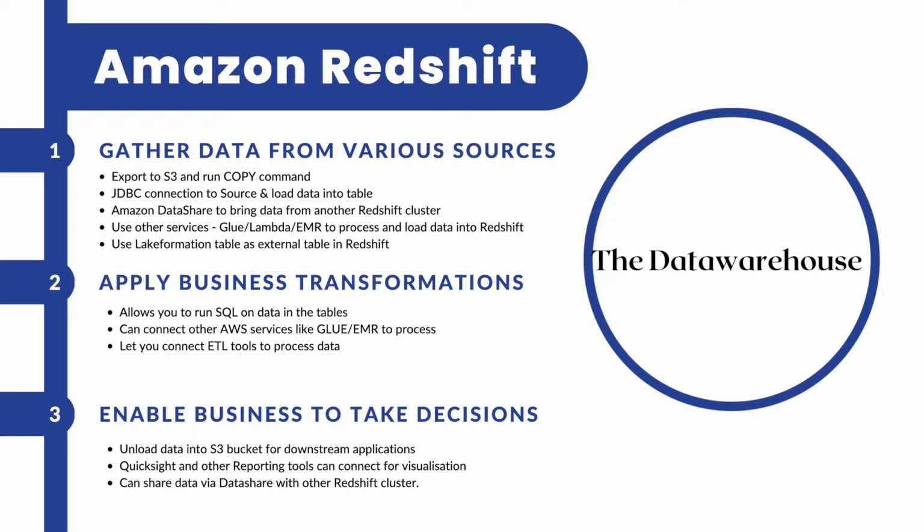The very first point for any data warehouse is it should let you gather data from various sources. The most common way of loading data into Amazon Redshift is to get the data into the S3 bucket and from there run the copy command. For those beginners who do not know what S3 is, S3 is nothing but a storage space which is available in Amazon Web Services.